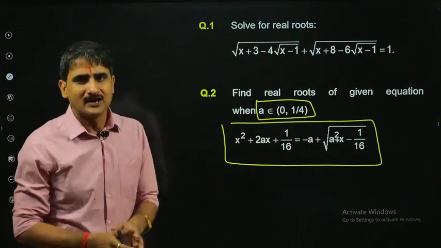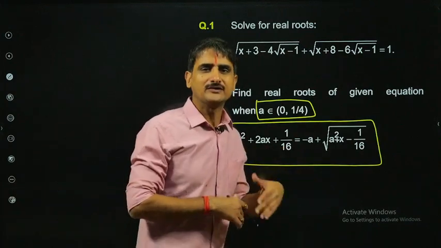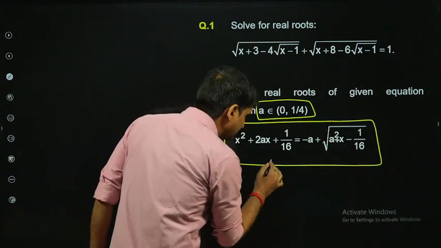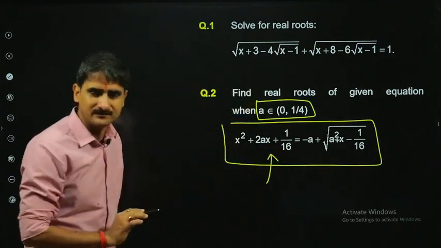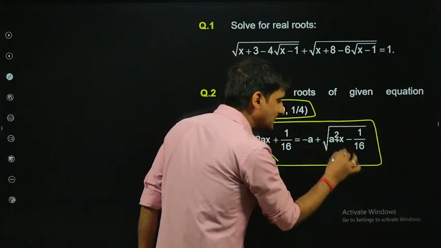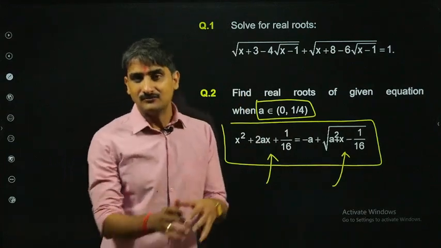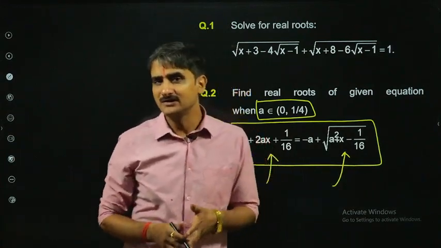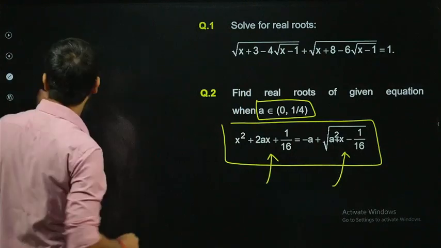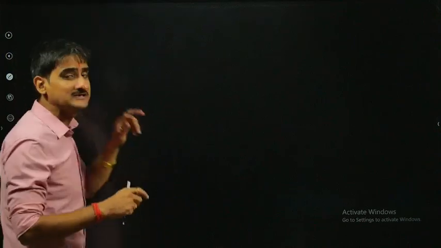See the idea. How did I get the idea of whatever I am going to discuss here? The idea came from the fact that one side is a quadratic in x, whereas the other side is the square root of x. So the very first thing I started with, and why can I use it?